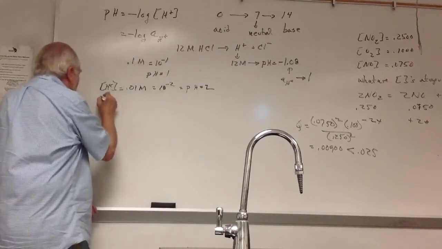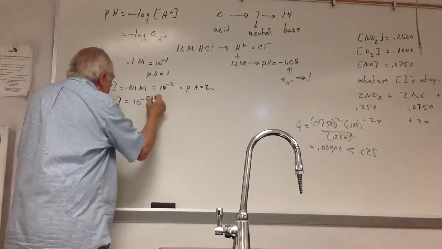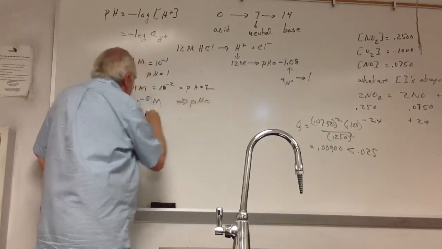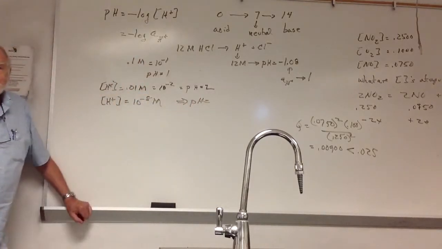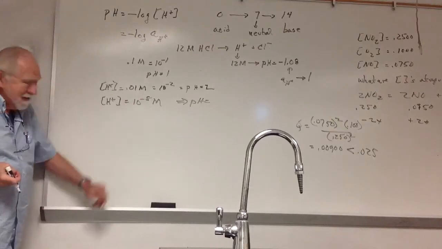Go. What's the pH for this? Exponent is -8.